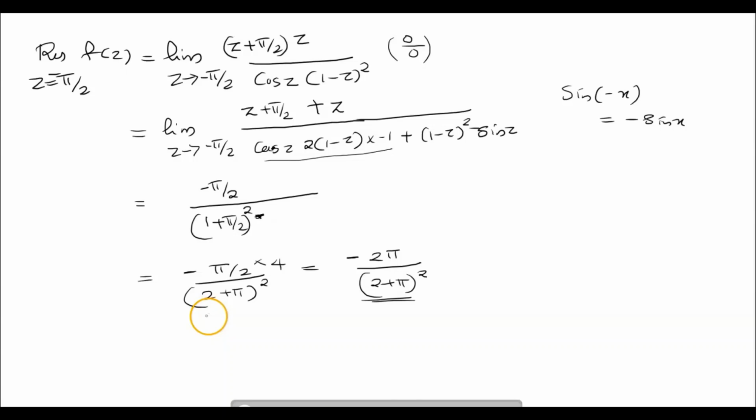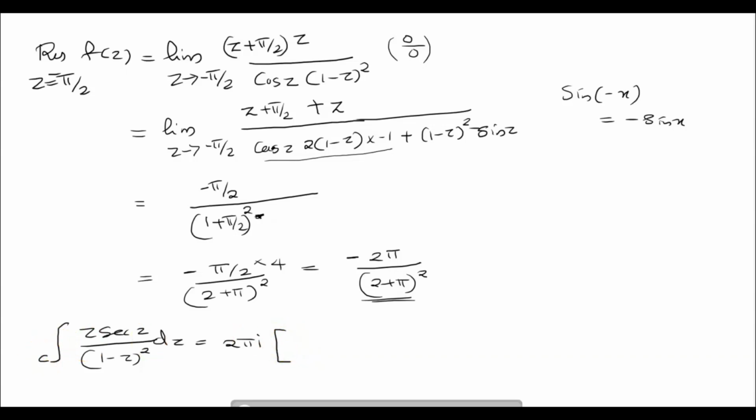Now the value of the integral over c of z sec z divided by (1 minus z) all square dz equals 2 pi i into the sum of these residues.